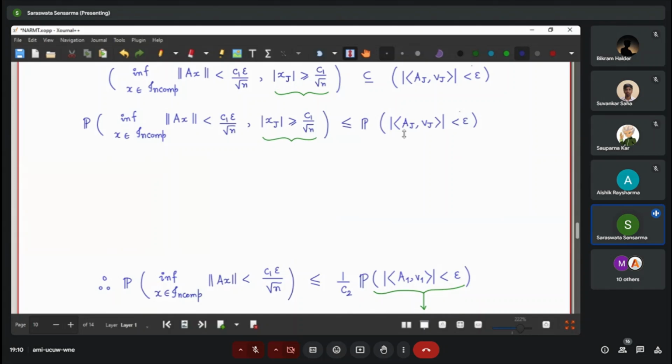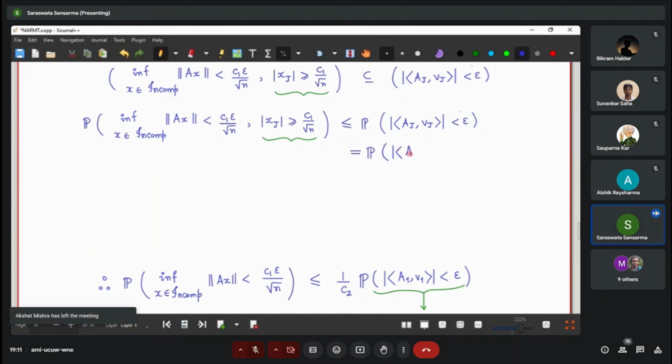J and a are completely independent, and this entire setup is independent of j. So we can put j equal to 1 or any fixed number we want, because j is a sort of alien random variable. It has no dependence on a at all, right?